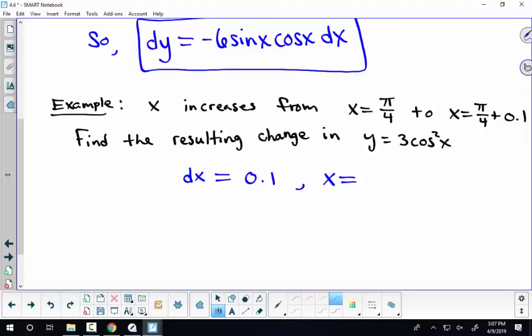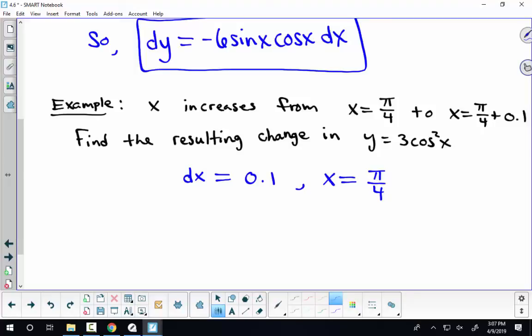And what's x equal to? Pi over 4. How do you know it's pi over 4, not pi over 4 plus 0.1? Because the 0.1 is the change that it went. Okay, so the 0.1 was just a step size away from the actual x value.